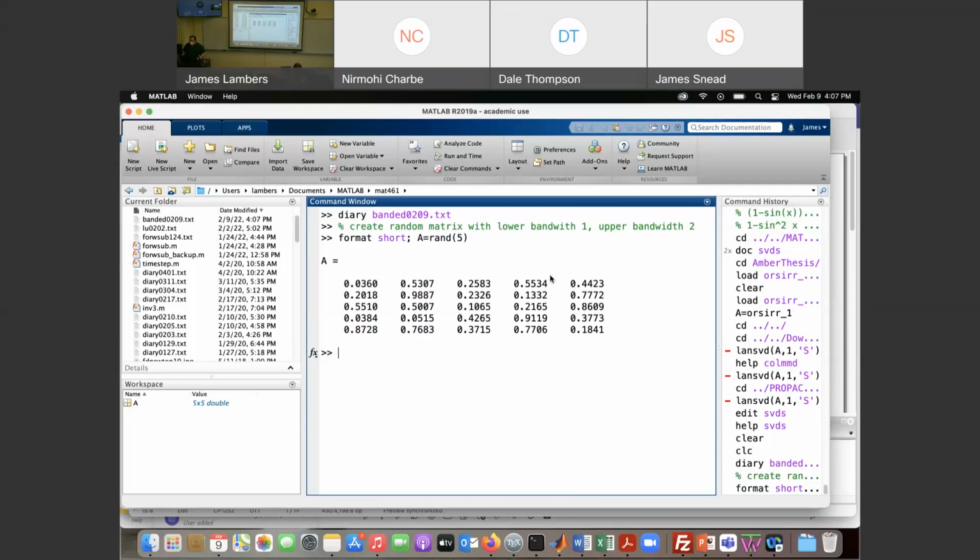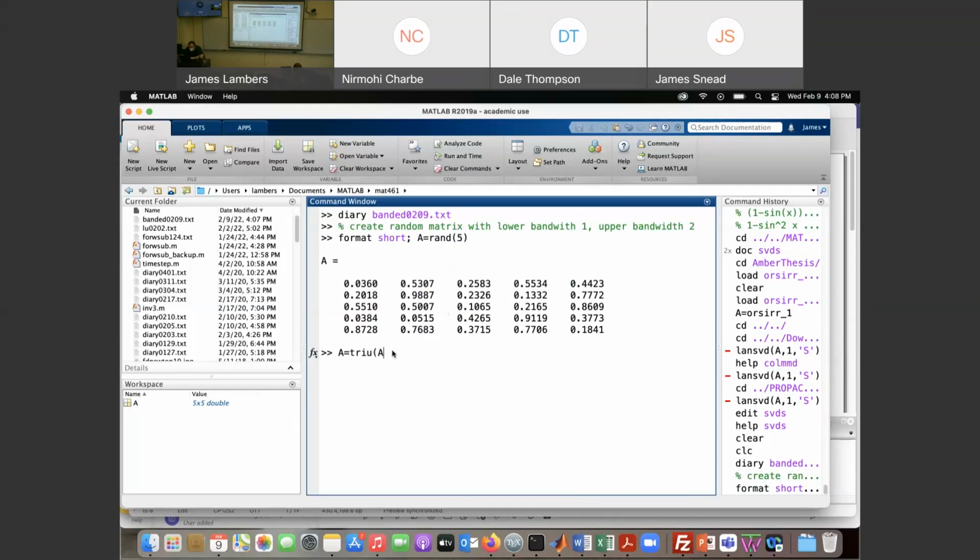Now, to make this a banded matrix, I can use functions that are normally used for creating upper or lower triangular matrices, tri-L and tri-U. To make it have lower bandwidth 1, I want to remove everything below the first subdiagonal, and I can use tri-U for that.